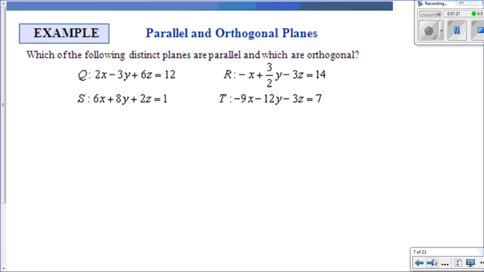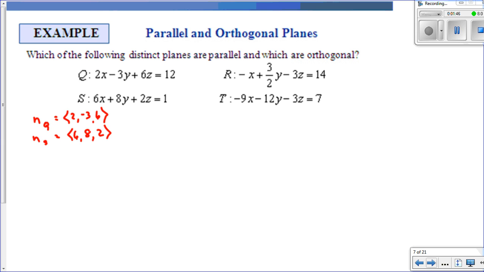Which of the following distinct planes are parallel and which are orthogonal? To determine this, look at their normal vectors. The normal vector for Q would be 2, -3, 6. The normal vector for S would be 6, 8, 2.